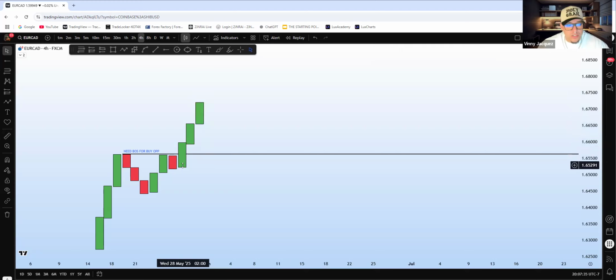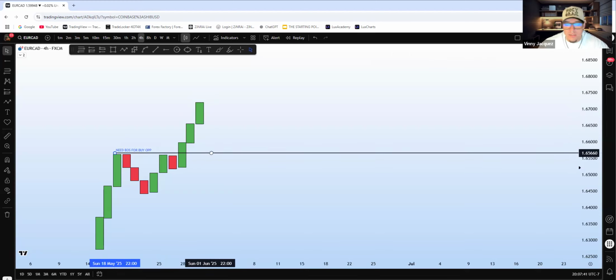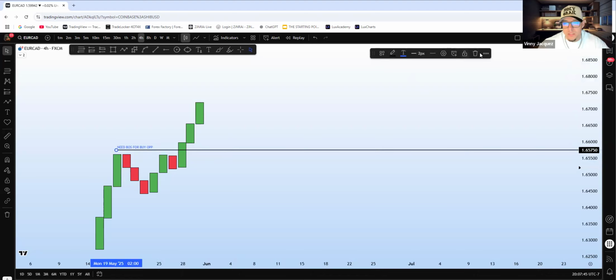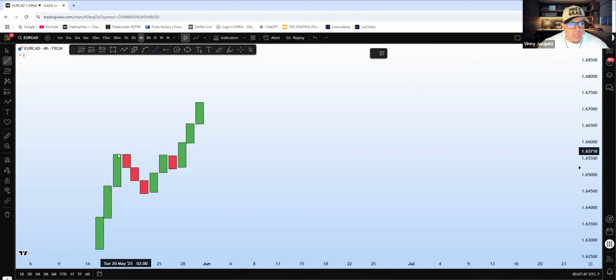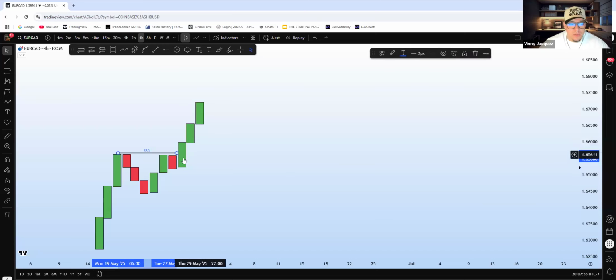Guys, do we have our break of structure to the upside? Can I update this now? Am I allowed to update my line? Let's go. Yes, we have the break of structure to the upside. Now, when we see BOS, guys, that's letting us know that the market wants to continue trend.